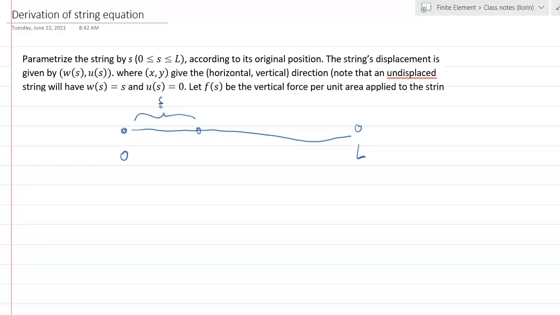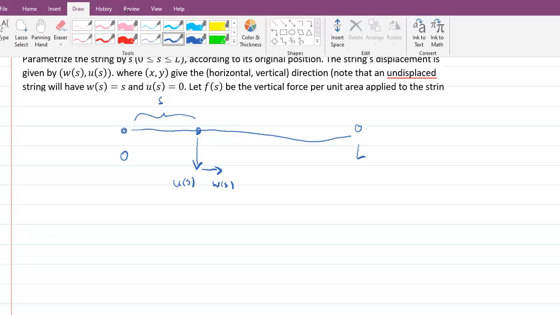Now when the string is displaced, this point at s experiences both a vertical and a horizontal displacement. The vertical displacement is this way. That would be u of s. And the horizontal displacement might be to the left or to the right. So that would be w of s here. So this point, when displaced, goes down to this new point here.